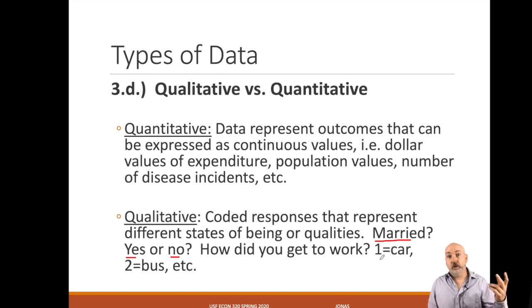You took the bus to work, code that as a 2. You carpooled, code that as a 3, etc. So you will see them in the data as numerical values, but they are coded qualities, qualitative outcomes. And often those are the most important variables in an analysis. So not to be overlooked.